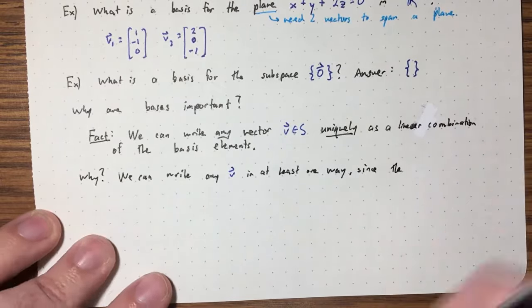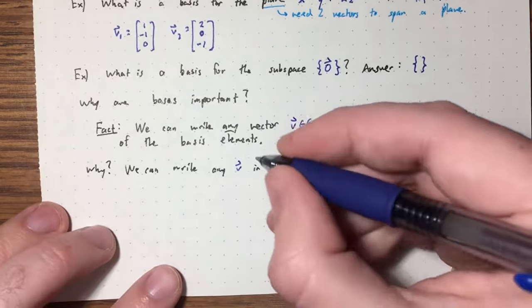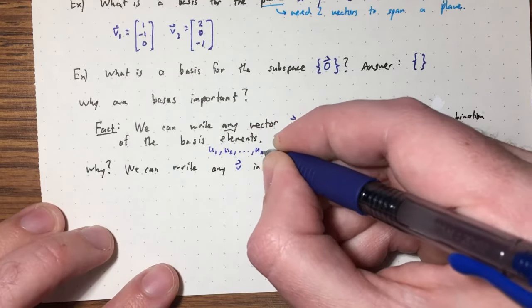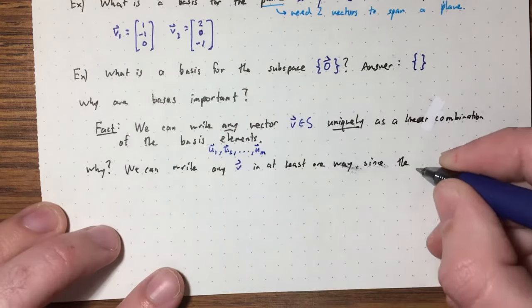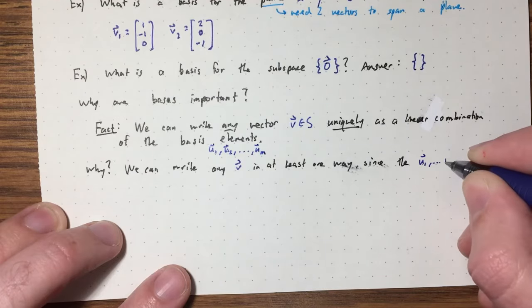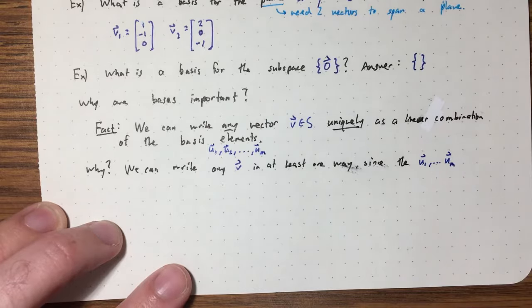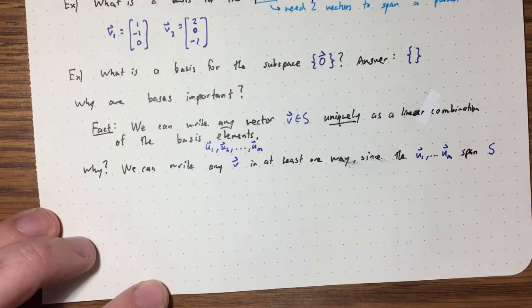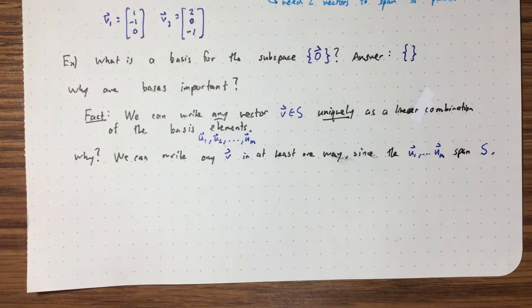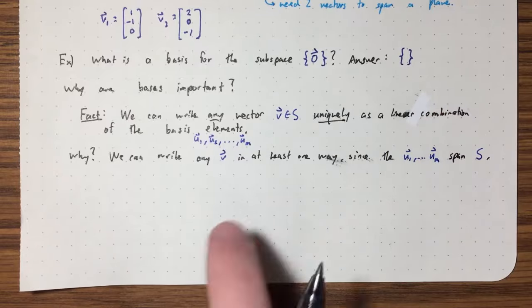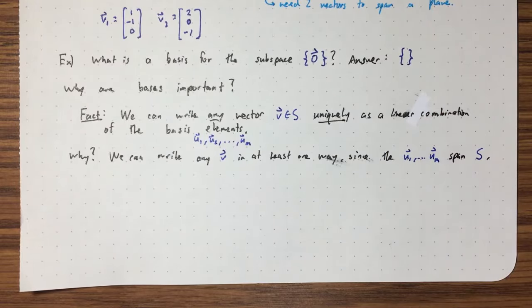Let me give a name to the basis elements, u1, u2, up to um, let's say. Since the u1 up through um span my subspace, well, okay, great. So we can get any element as a linear combination, but why can we write it in exactly one way?